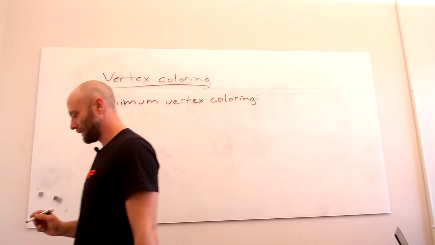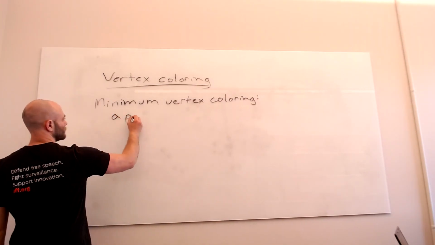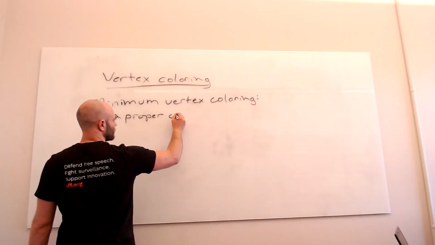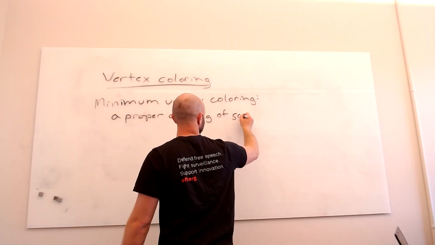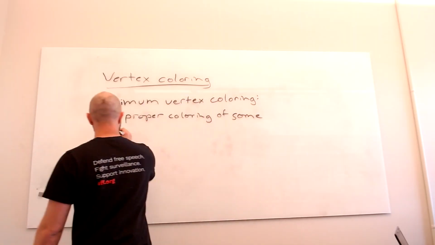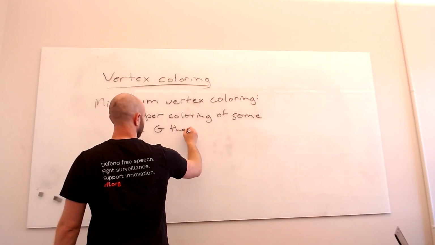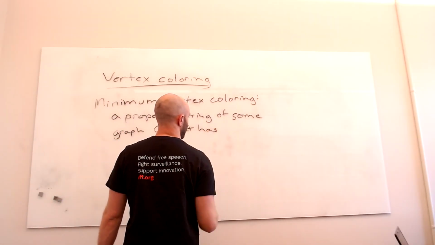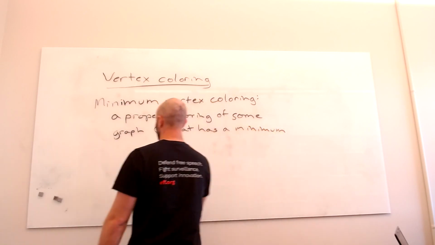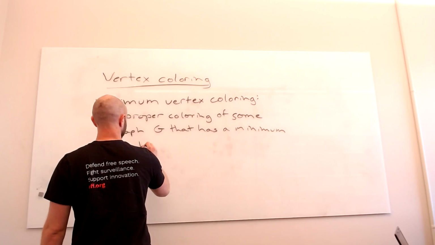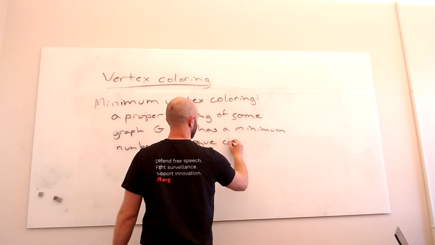So the minimum vertex coloring problem, as we just defined, is a proper coloring of some graph G that has the minimum number of unique colors.